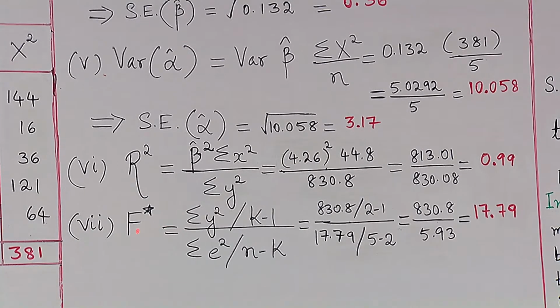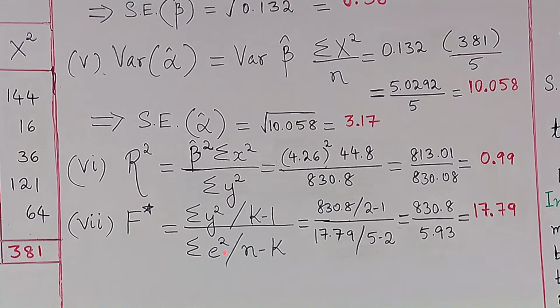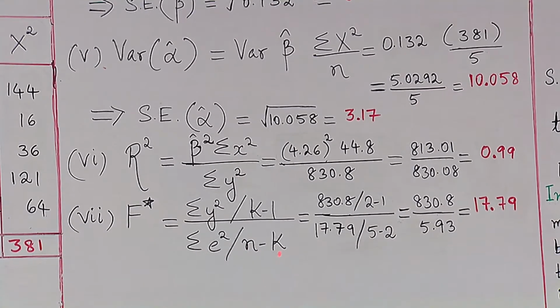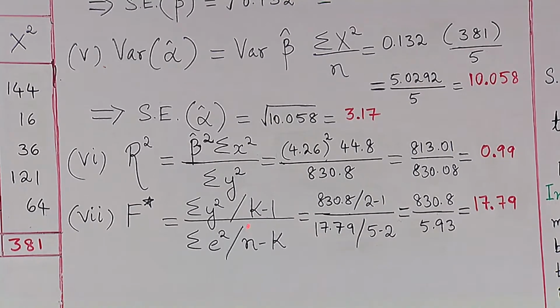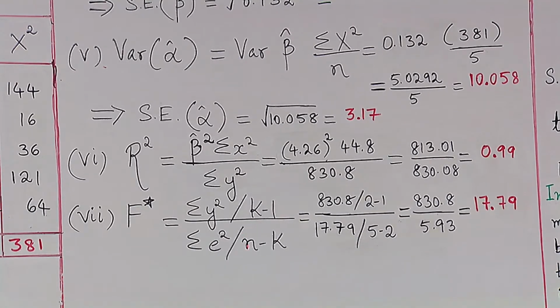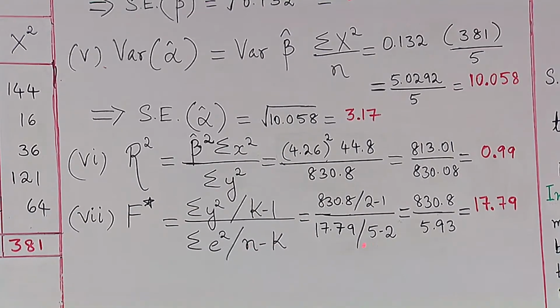Next is the F statistics, and for computing F statistics we have the formula sigma small y square divided by k minus 1, the whole divided by sigma e square divided by n minus k. Let me repeat that: k is the number of parameters given in the case, n is the number of data. So, here you have k as 2, n as 5.